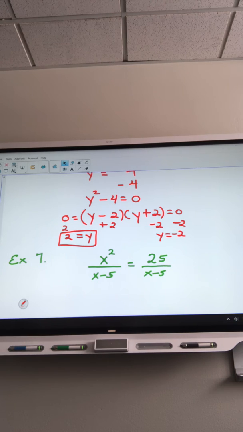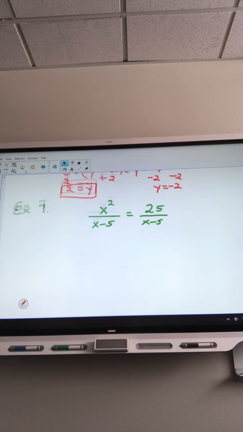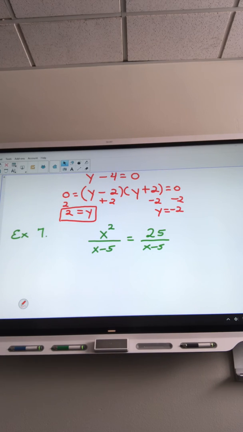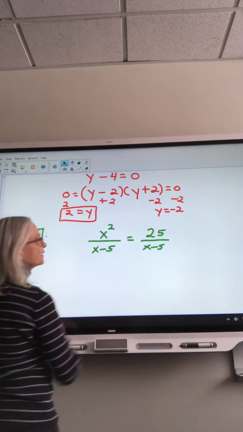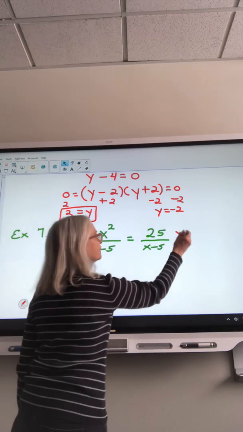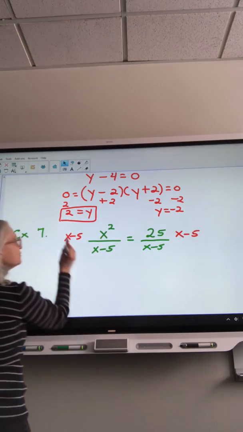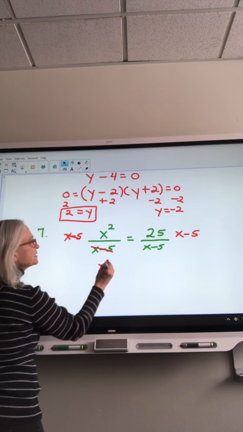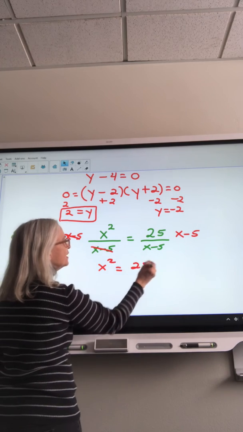All right, then example 7. So for example 7, we've got x squared over x minus 5 and 25 over x minus 5. And so again, this is a pretty easy one to see what the common denominator is. It's x minus 5. So those would cancel out. So we've got x squared is equal to 25.